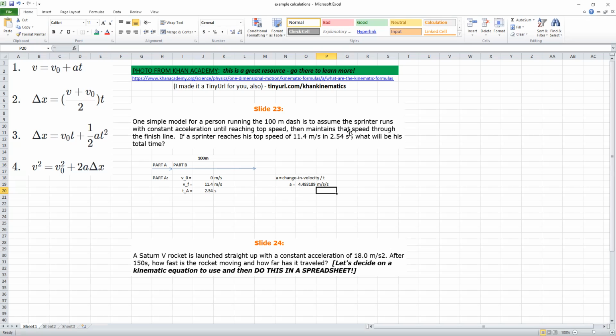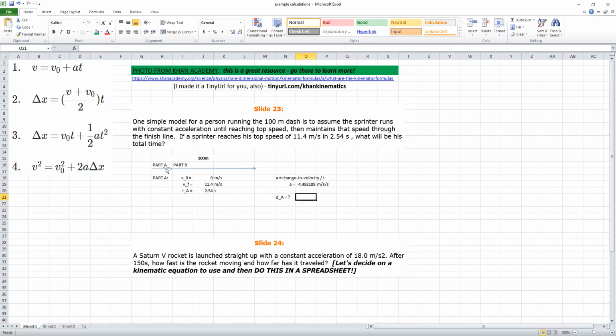We still actually haven't found the distance that this person has traveled. So we're trying to find the distance that part A represents. We know it's going to be less than 100 meters. Well, that's great. Now look, we know the time it took for part A. We know the acceleration that was experienced.